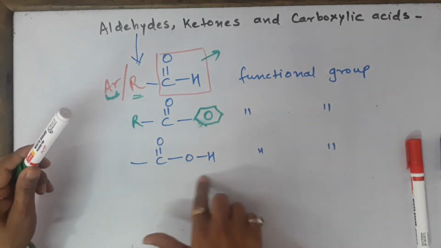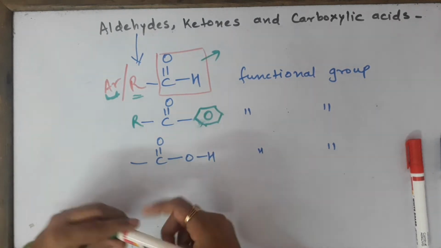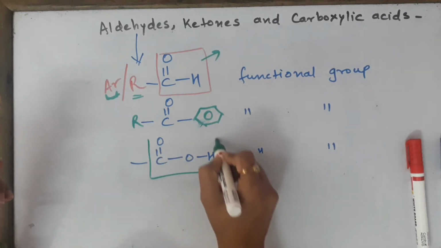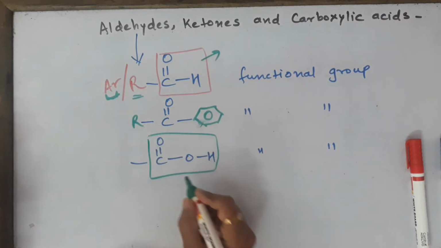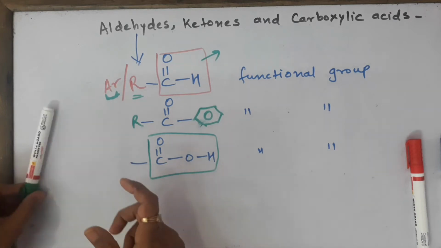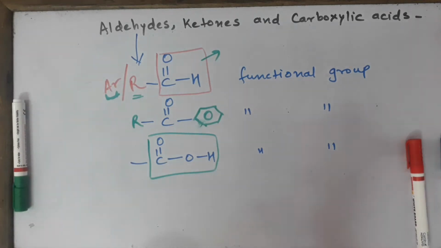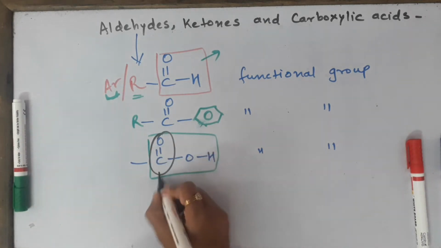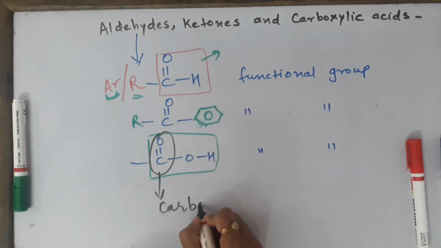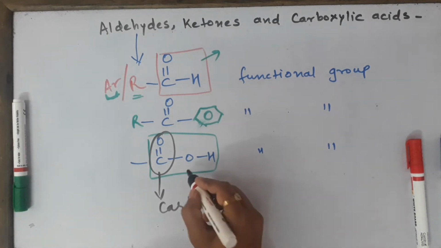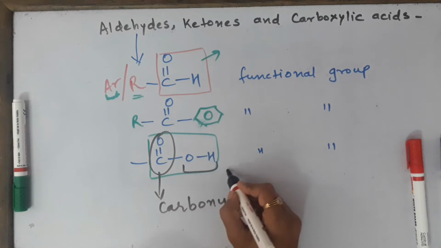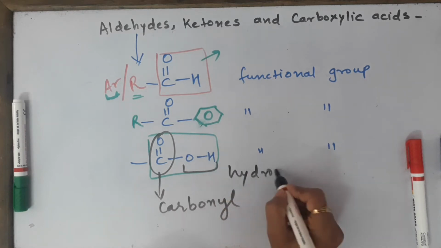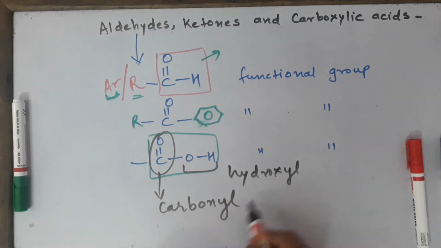Now this is your carboxylic acid functional group. As you can see, it is made up of two groups over here, which we can show like this. We have the C double bond O, which is called carbonyl, and we have OH, that is called hydroxyl. These are the two functional groups, carbonyl plus hydroxyl.